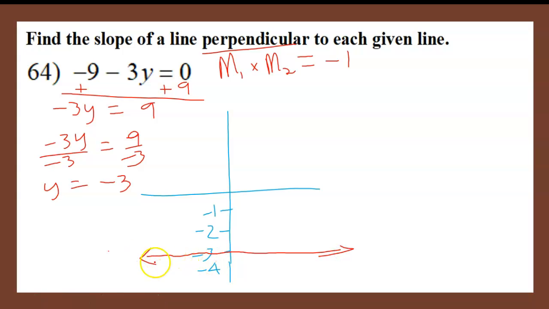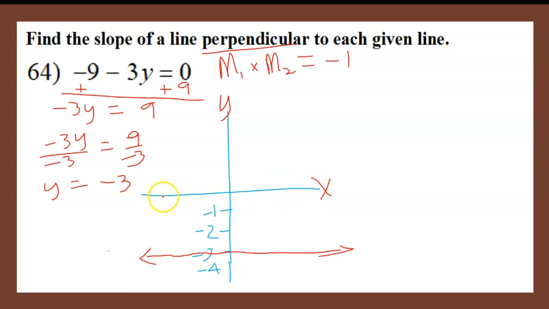So y equals negative 3, but this is the y axis, this is the x axis. So that means there's no rise. There's no rise, it is just horizontal. Y will always be negative 3 no matter what x is. X can be any number.